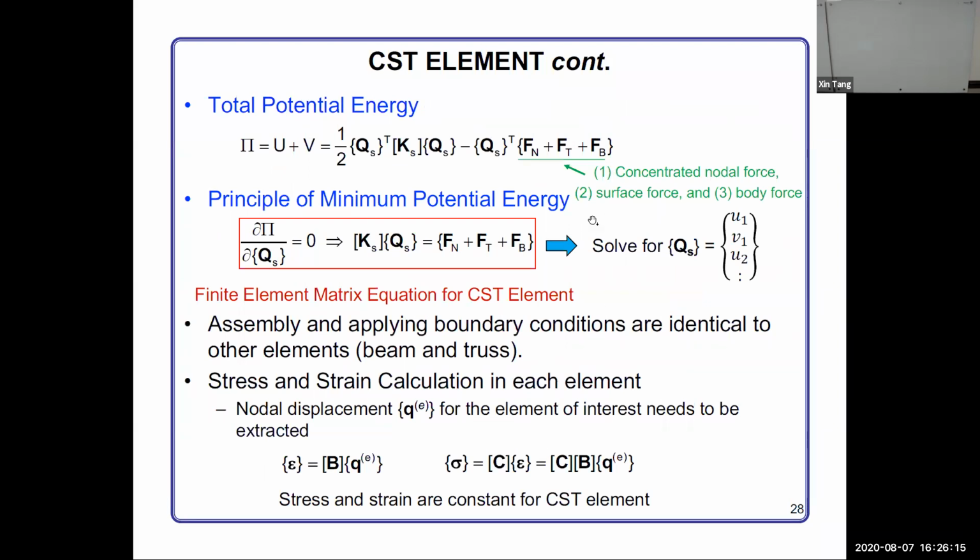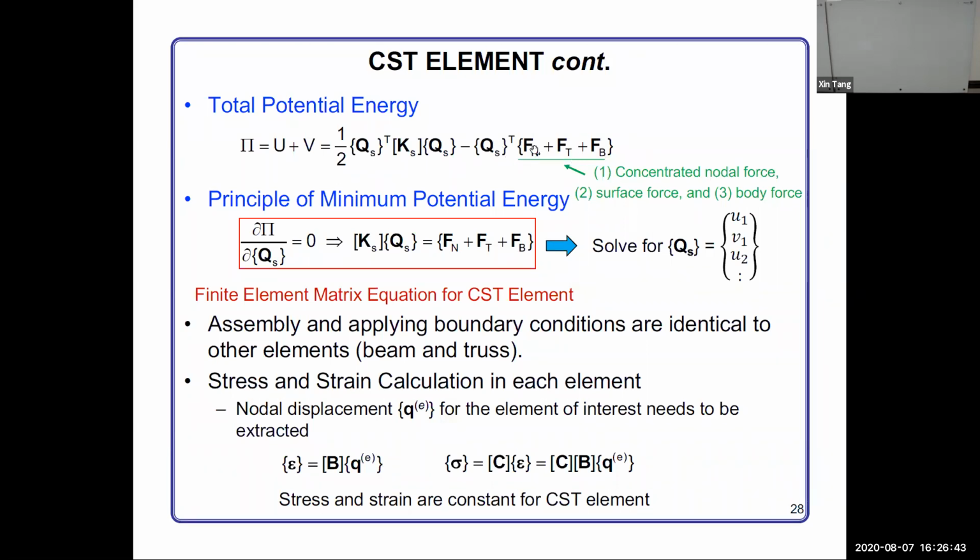Okay. So with that, for the potential energy due to the external force, we can write it in terms of Qs. Qs is the degree of freedom of all the elements together in the whole solid. So we are now talking about the whole solid. It contains many elements. So Qs transpose times 3 forces individually. These 3 forces are applied on all the elements.